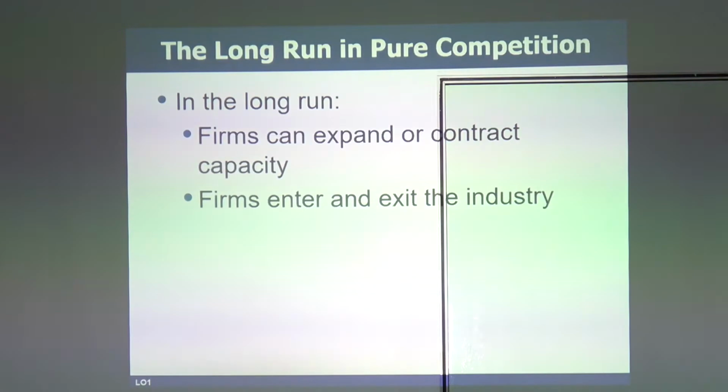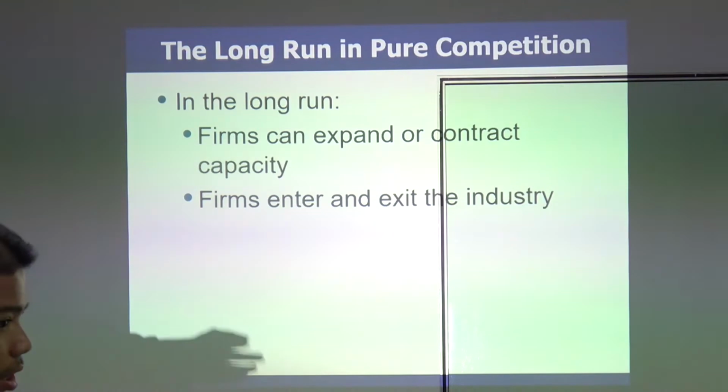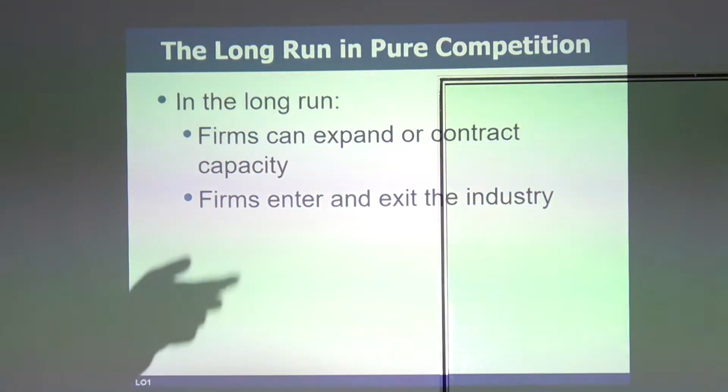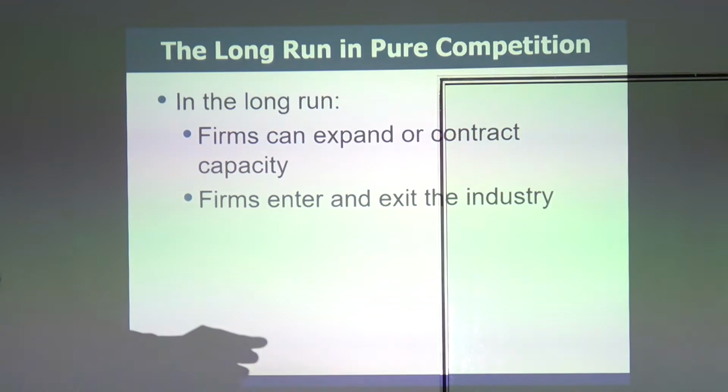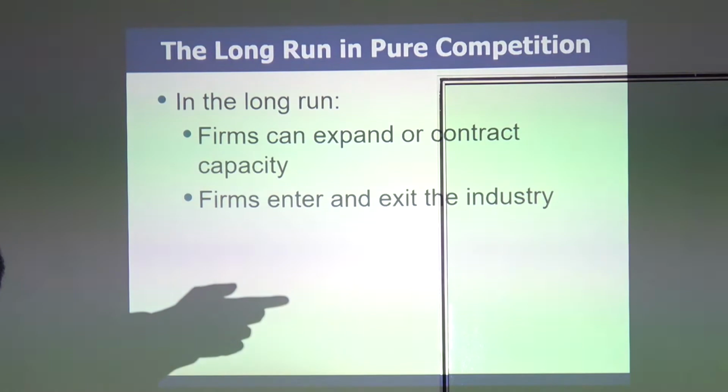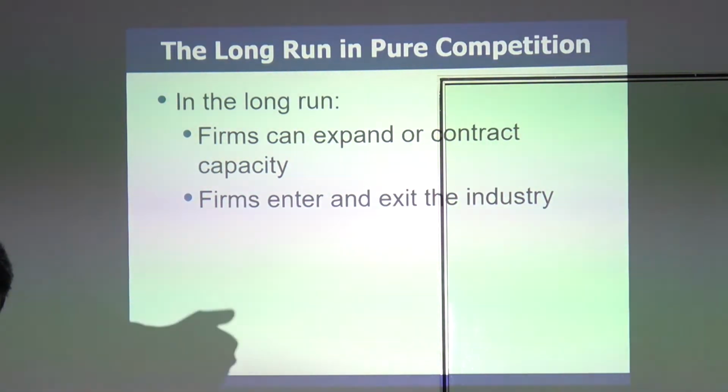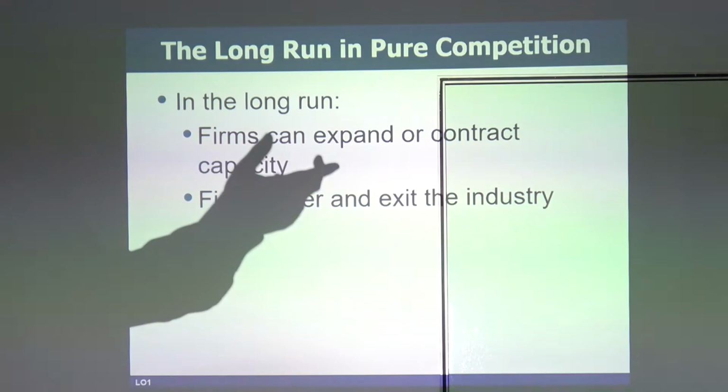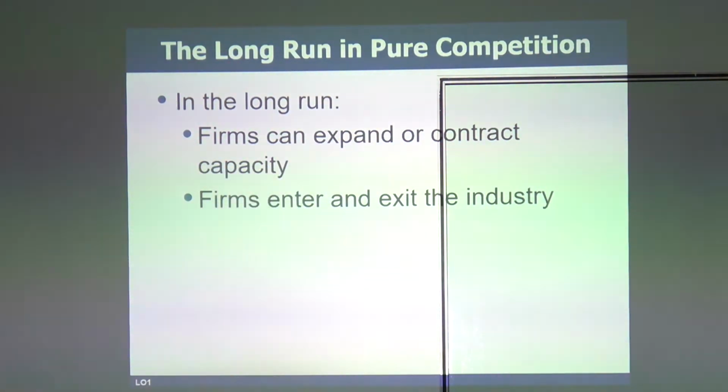But not only that, the firm is also able to enter a new industry. Remember earlier we have seen that whenever the market price is too low, some firms may suffer and decide to close down their operation. When they close down their operation, they are able to enter into other industries. So we know that whenever a firm is making economic loss, the alternative use of the resources they are currently using will generate them a better return.